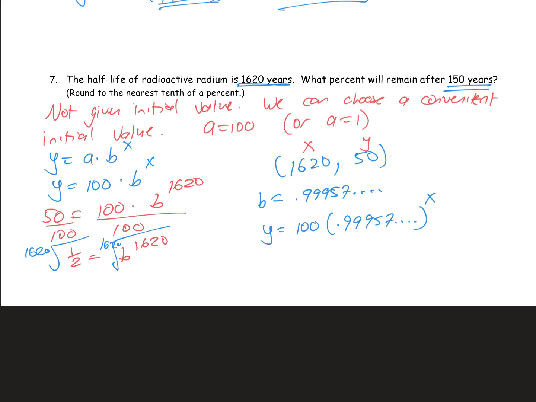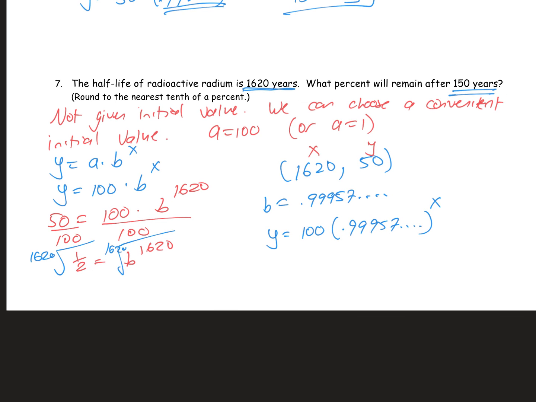I want to know the percentage that's left, so I'm going to let x be 150. So y is equal to 100 times 0.99957... to the 150th.